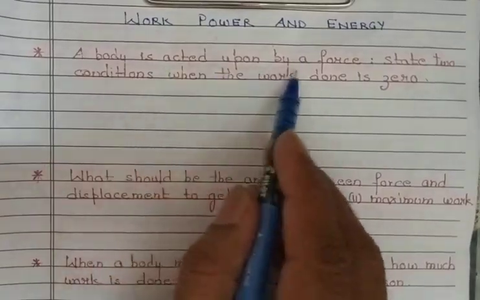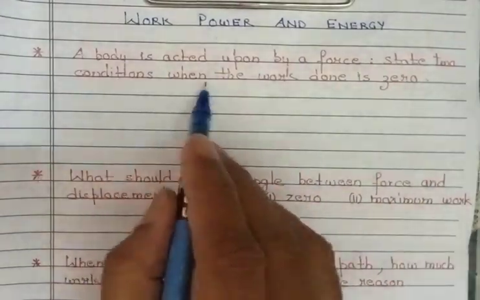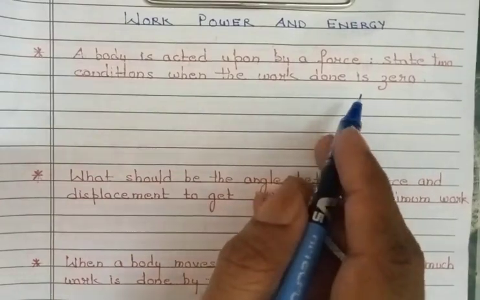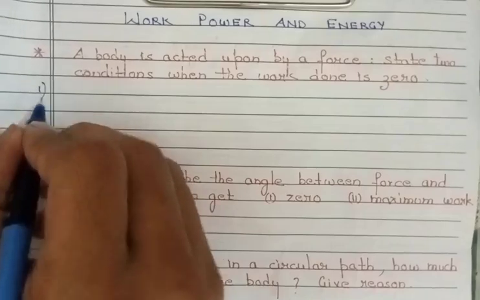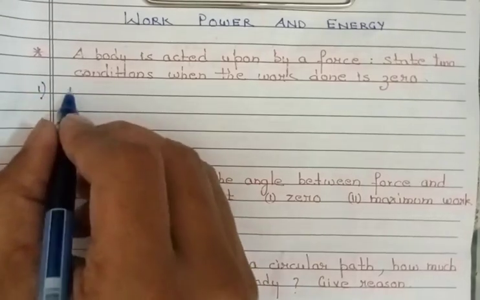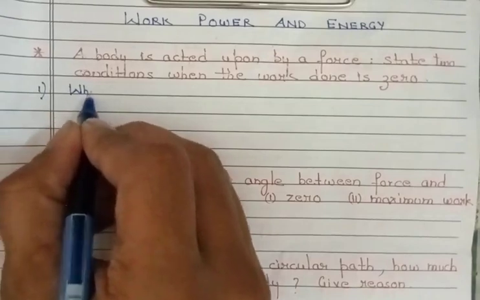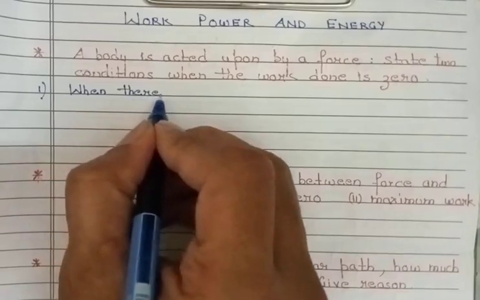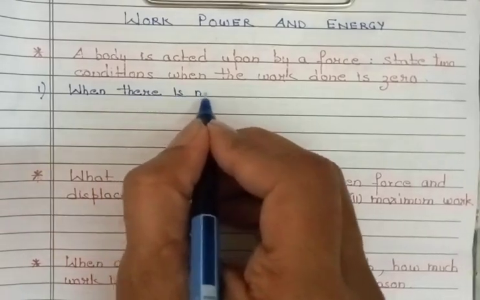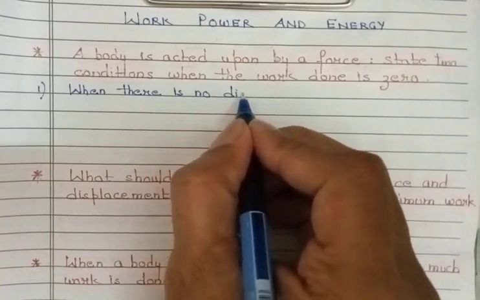A body is acted upon by a force. State two conditions when the work done is 0. The first condition for the work done to be 0 is when there is no displacement.